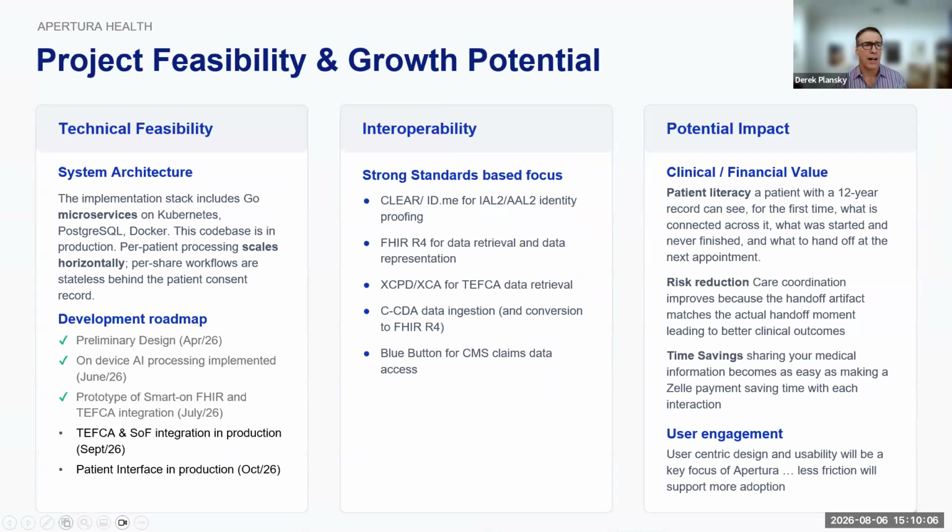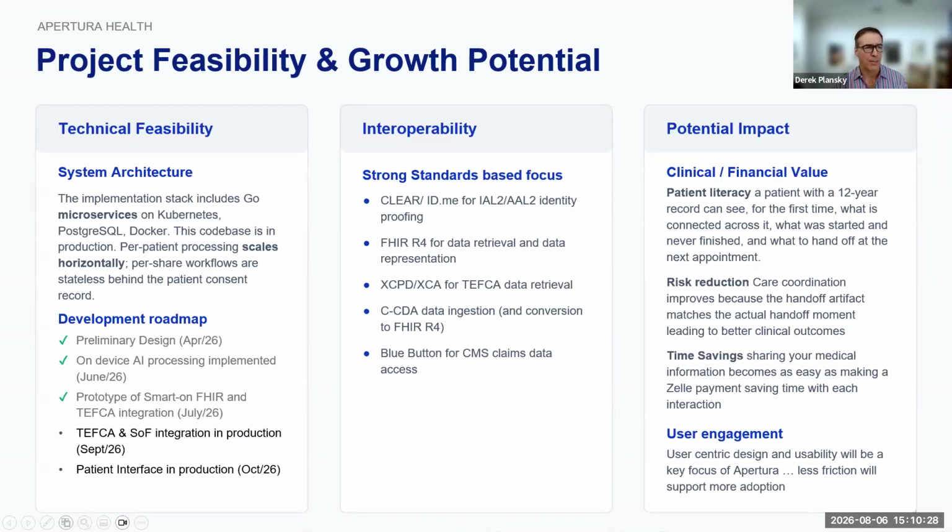So overall, we were asked to comment on technical feasibility, interoperability, and the overall potential impact of our solution. From a technical feasibility perspective, we're focusing on a microservices architecture and focusing on something that's horizontally scalable so that it works as well for the first patient as it does for the 100th or a millionth.